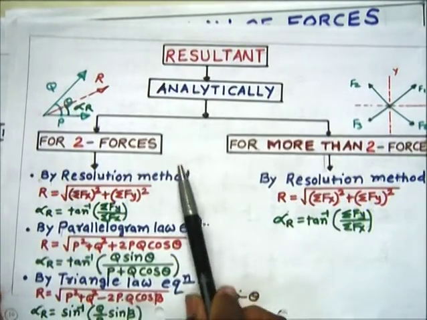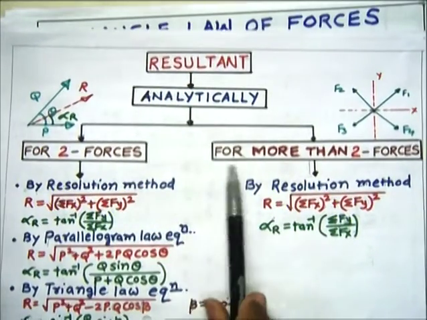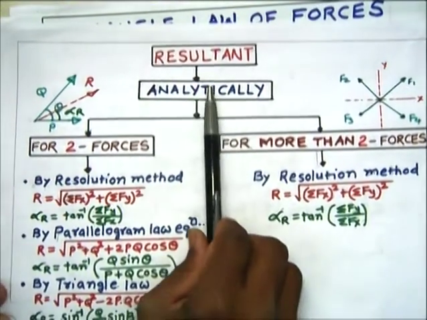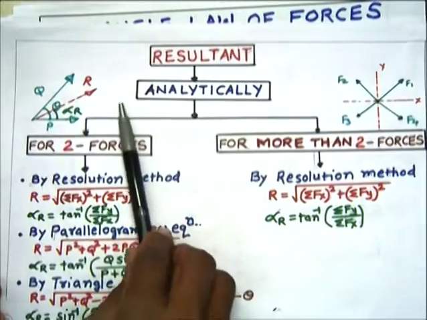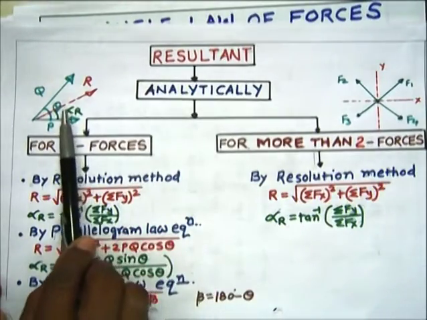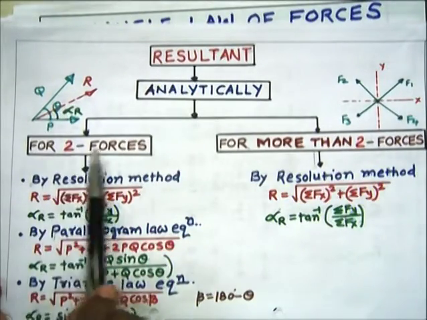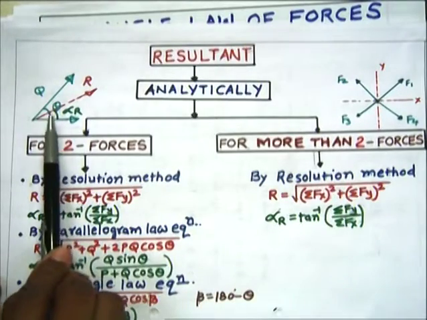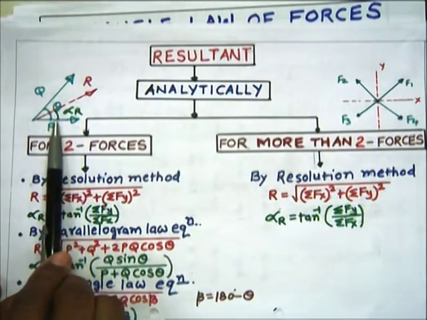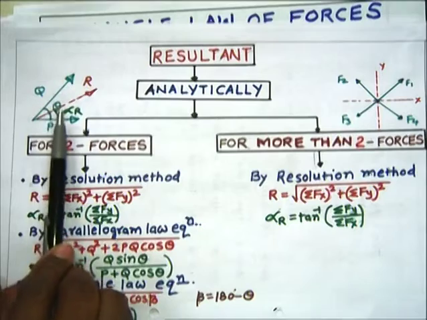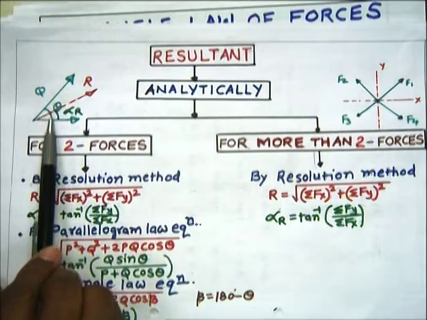So summarizing, how to find the resultant analytically. Say we consider two cases, that is for two forces and for more than two forces. For two forces, say two concurrent forces P and Q are given, and the angle between these two forces is theta.